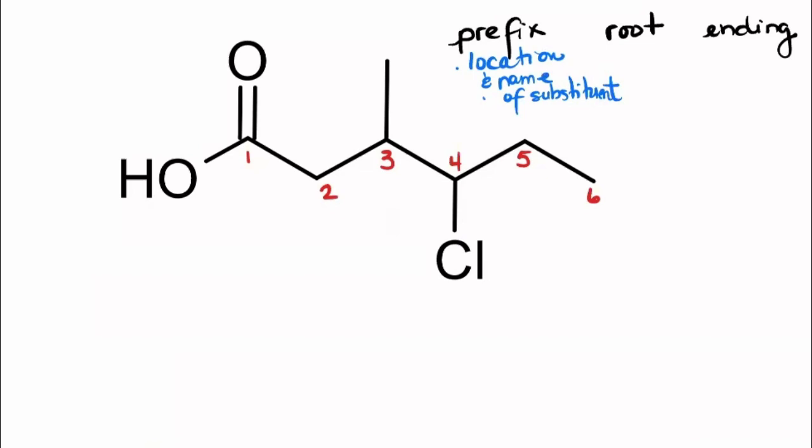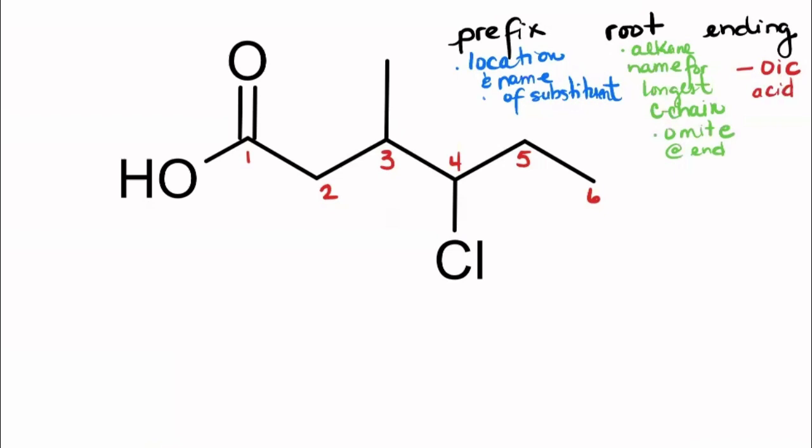The root is the alkane name for the longest carbon atom chain, and we omit the letter E at the end. The ending for the name of a carboxylic acid is oic acid.